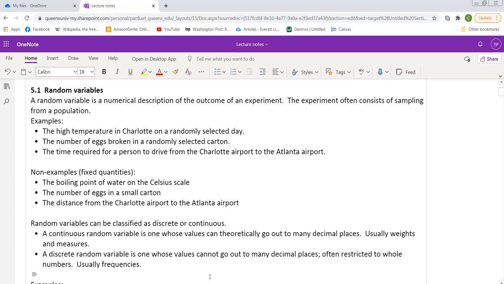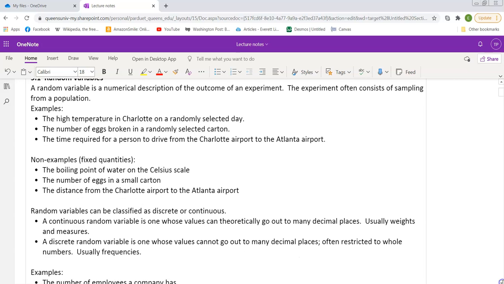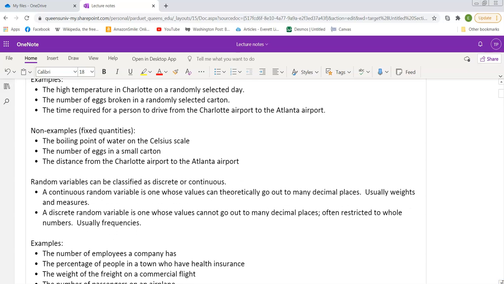Or you're counting the number of city council people who voted for something. Even though that's not really a random variable. But anything you're counting is going to be a discrete random variable.